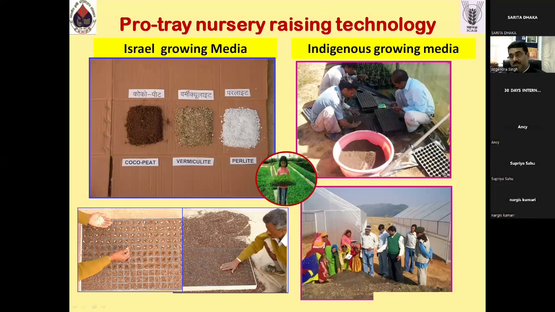Only some areas are rich in availability. So this is a big problem for farmers in remote areas and hill areas, where this material is not easily provided. So we can develop the indigenous media. Both are equal, but the indigenous media is economically sound, so we can use it.